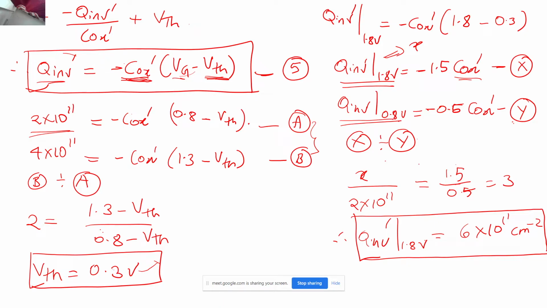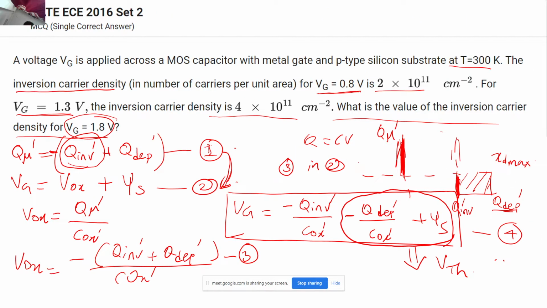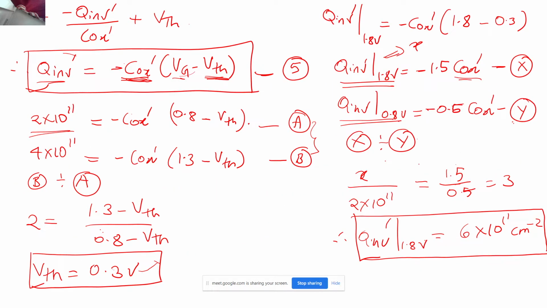Will the inversion carrier density be equal to the majority carrier density of the semiconductor? Let me see. I don't know exactly. My threshold voltage is 0.3 volts, right? What you are saying is, when phi s becomes equal to 2 times phi f, we know we are at inversion, correct?